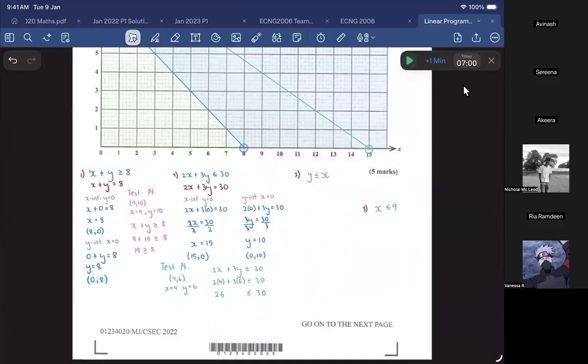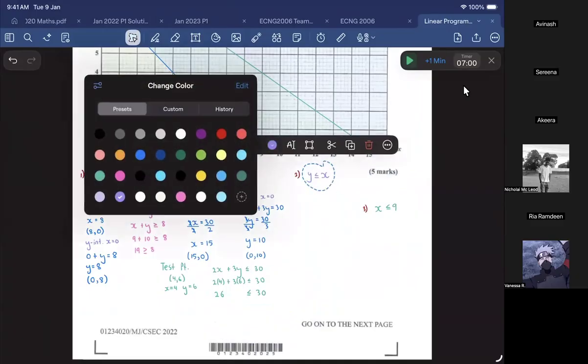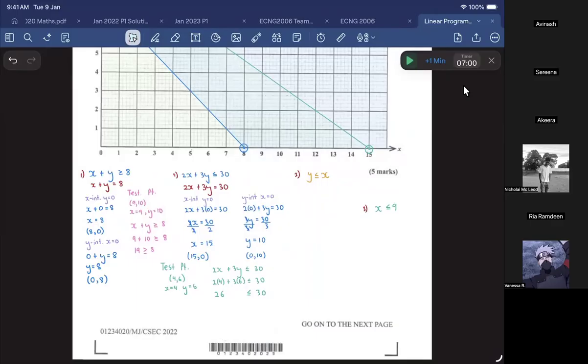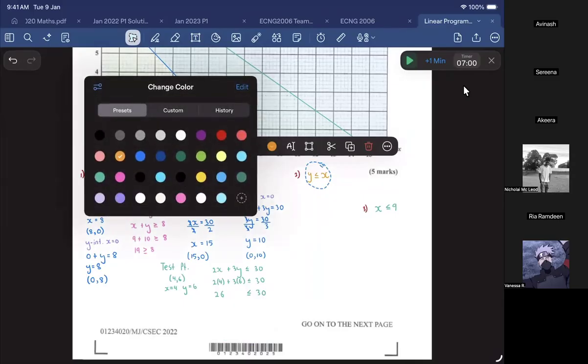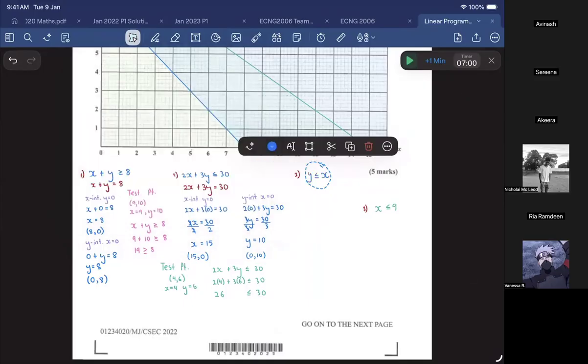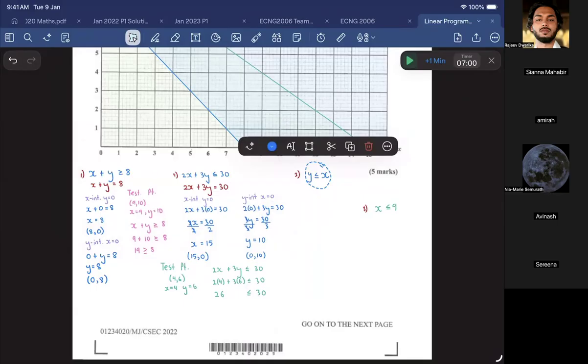Do I have any volunteers to help me sketch y is less than or equal to x? I promise I'll make it real simple. Do I have any volunteers? Anybody at all? Anybody? Okay, good. Thank you, Amira.